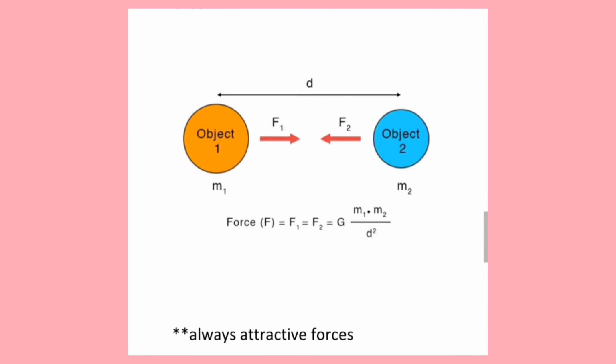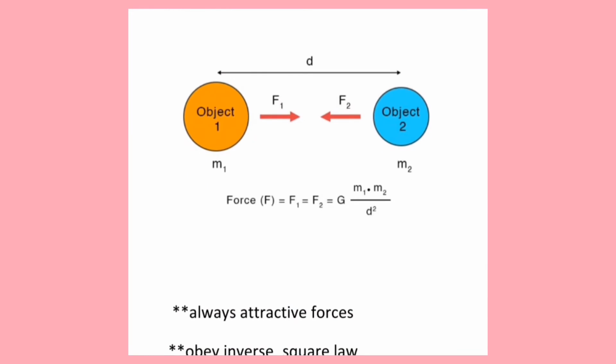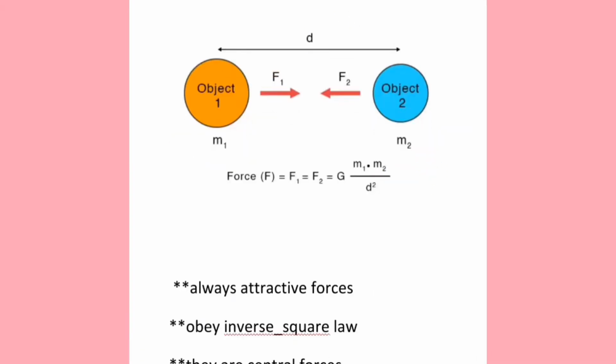As we look into this picture, consider two objects, object 1 and object 2. Let the mass of object 1 be m1 and the mass of object 2 be m2. The distance between them is d. The force on object 1 due to object 2 is taken as F1, and the force on object 2 due to object 1 is taken as F2.